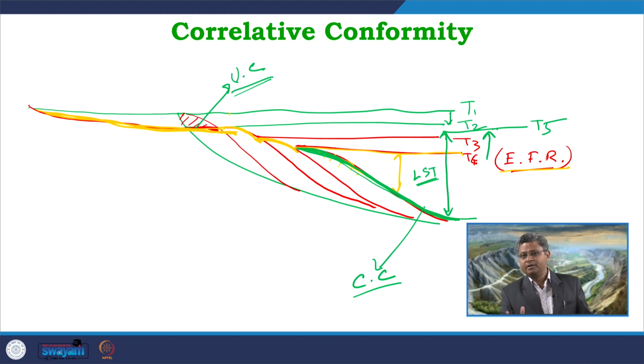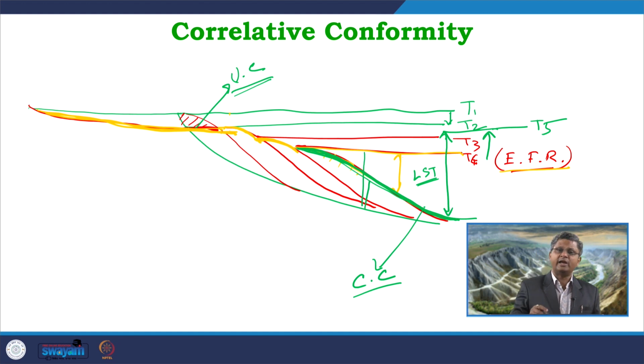The same event is represented in a different way through a conformable succession, because in this part of the succession no erosion is going on. It is continuously underwater and continuously some sedimentary processes are going on over here. Yes, definitely the facies types will vary, because as the water level is gradually falling, the depositional systems, the depositional conditions will change their positions laterally.